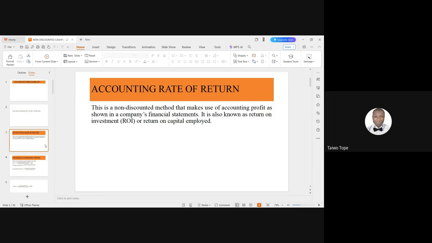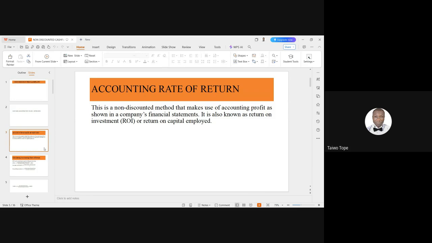This accounting rate of return can otherwise be referred to as return on investment or return on capital employed.